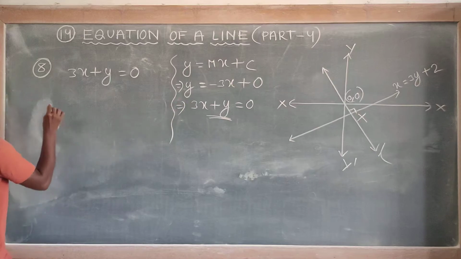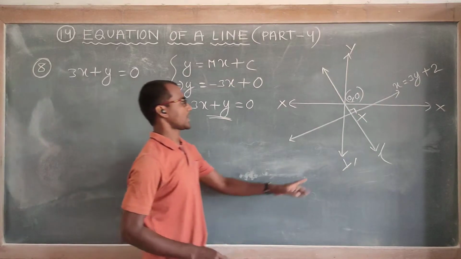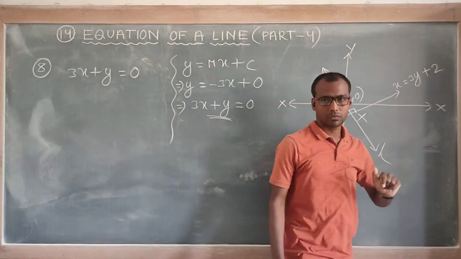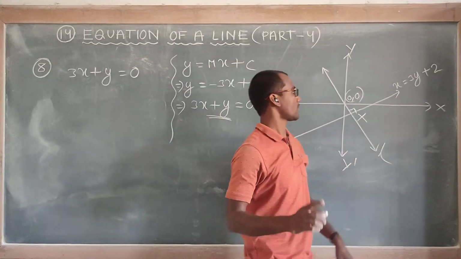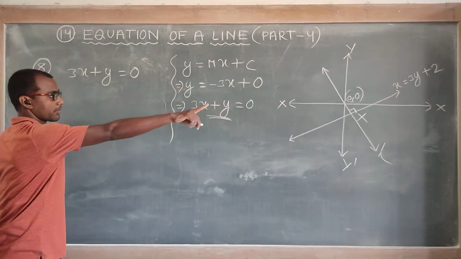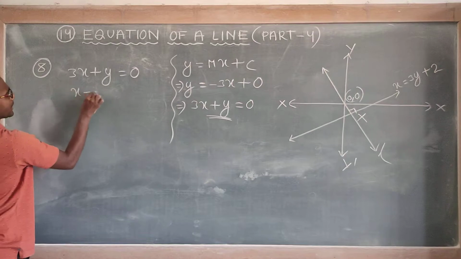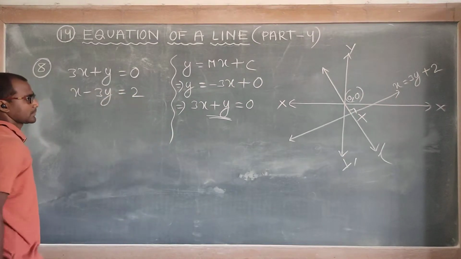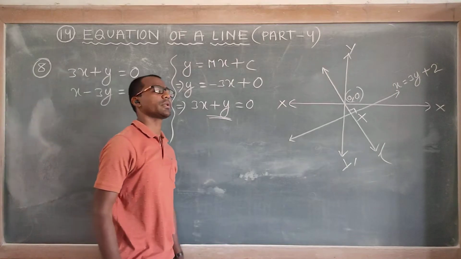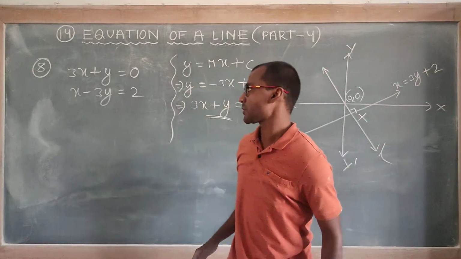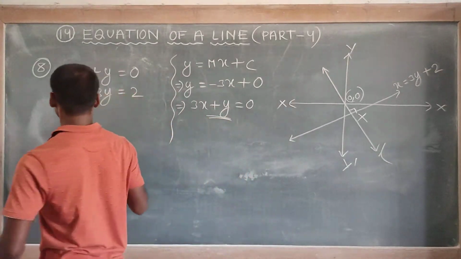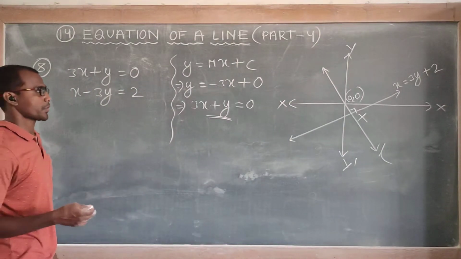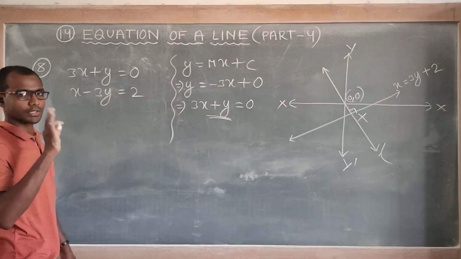The second one is x = 3y + 2, or x - 3y = 2. x = 3y + 2 can be written as x - 3y = 2. I am using the elimination method. We could have used the substitution method also, but since we are more comfortable with the elimination method, I am using this method.